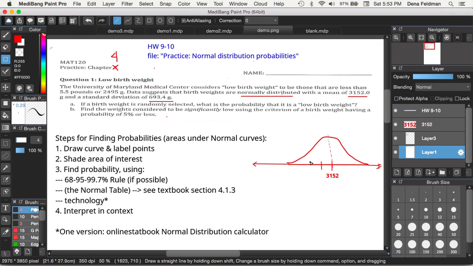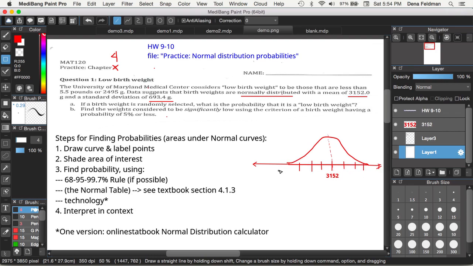Obviously, if we think back, we can remember that normally distributed data extends almost 99.7% of all the data extends within 3 standard deviations away from the center. 1, 2, 3 standard deviations away from the center.